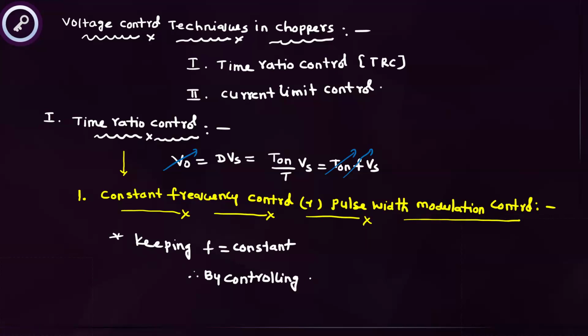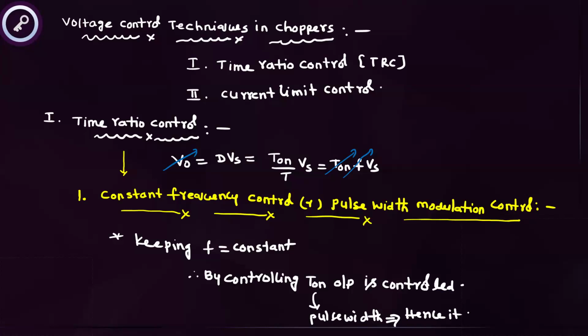That is called constant frequency control. But what is T on? T on is also called the pulse width, and we are controlling the pulse width. Hence it is also called pulse width modulation.